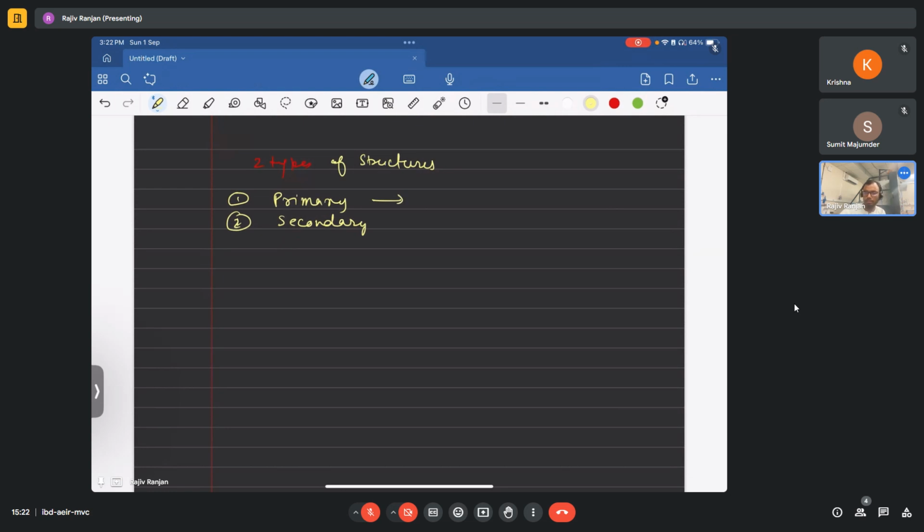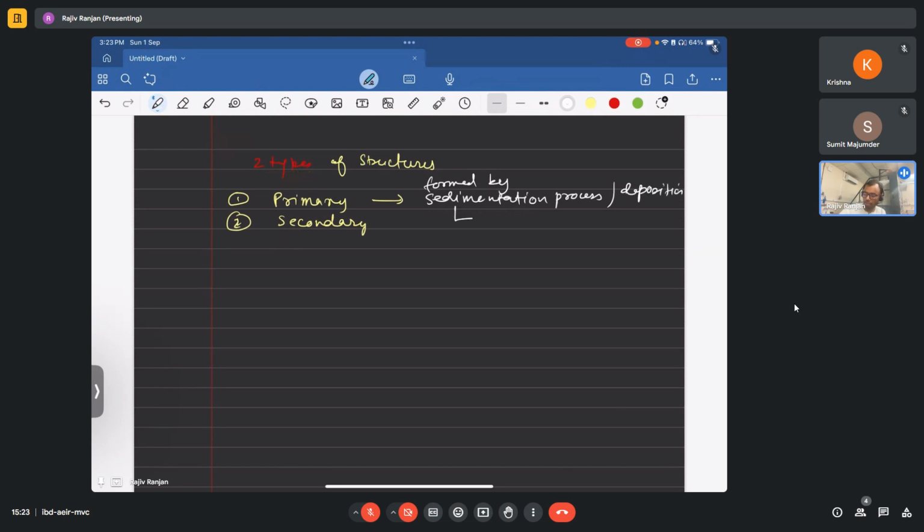Primary is very natural deposition, based on sedimentation or deposition.